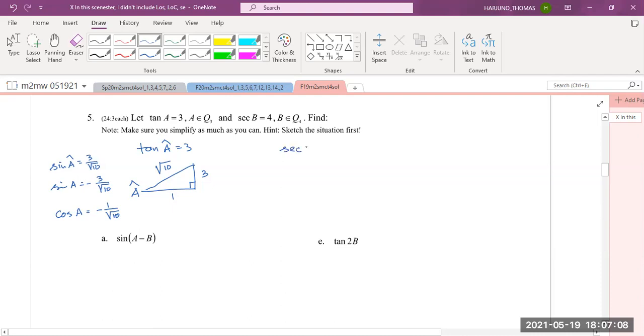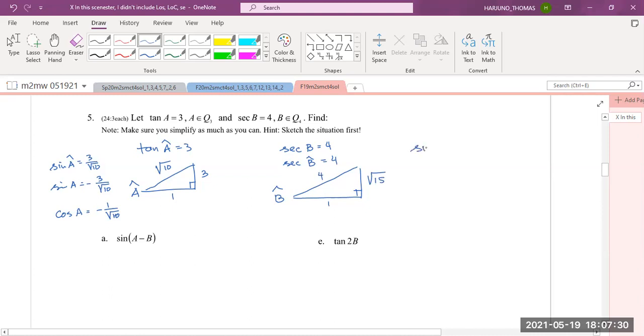Now secant B equals 4, but because B is in quadrant 4, let me look at the reference angle. Secant is 4, so this is 1, and this is square root of 15, right?